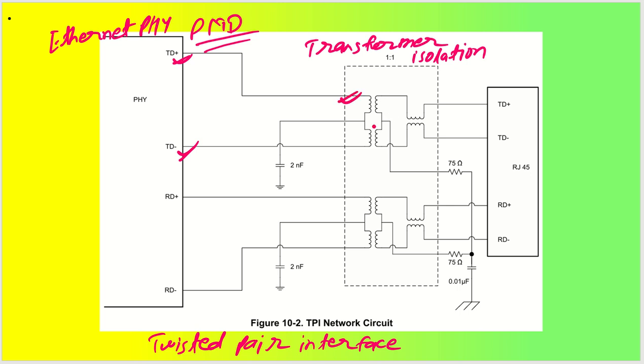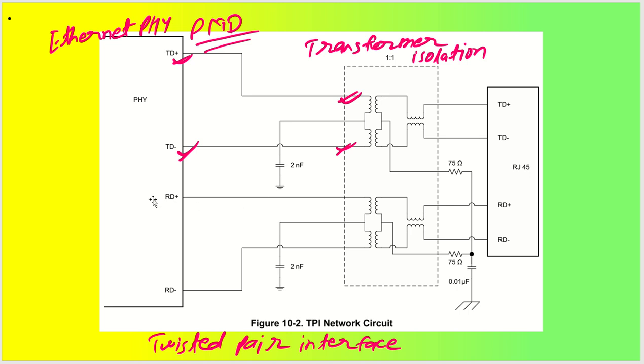This connection then goes to the RJ45 connection TD plus and TD minus. The center tap will be grounded with a capacitance of 2 nanofarad here, and as you can see this is matched to a resistor which will be 75 ohm, and this 75 ohm is a match resistor or termination resistor.